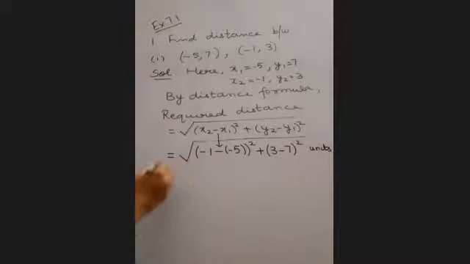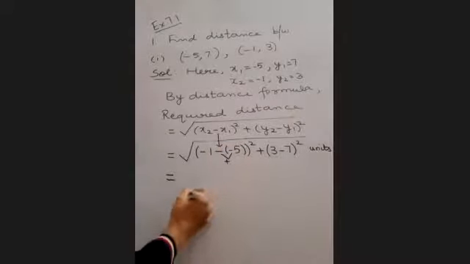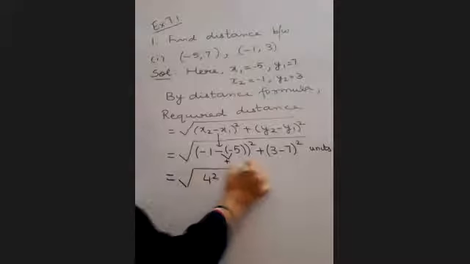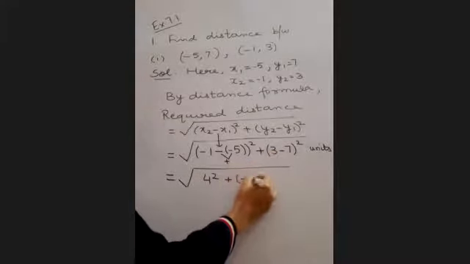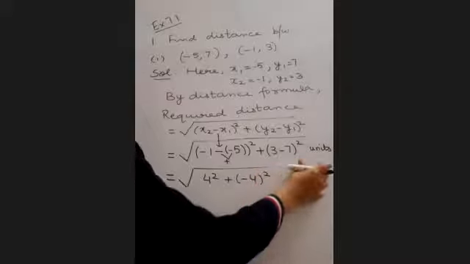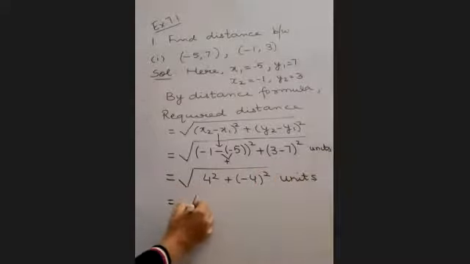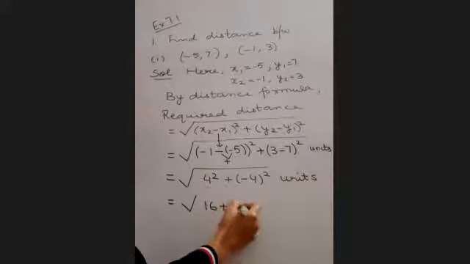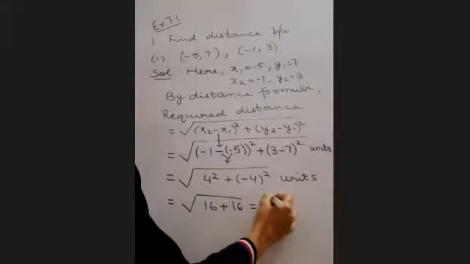So minus 1 plus 5 becomes 4. And 3 minus 7 becomes minus 4. Now open the bracket. 4 square is 16 and minus 4 square is also 16. So it is root 32 units.